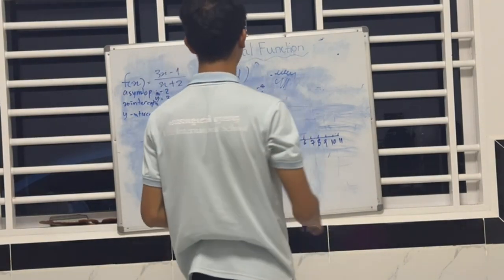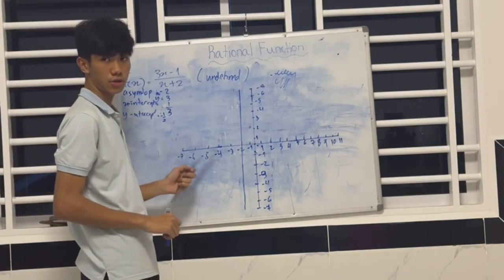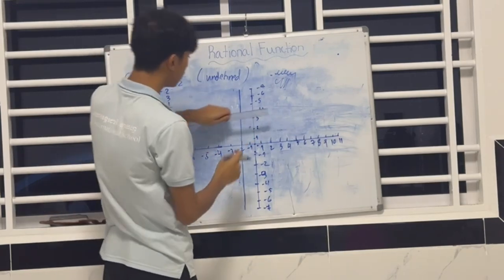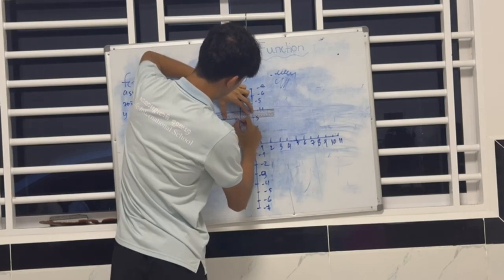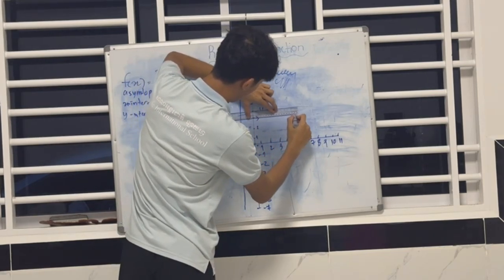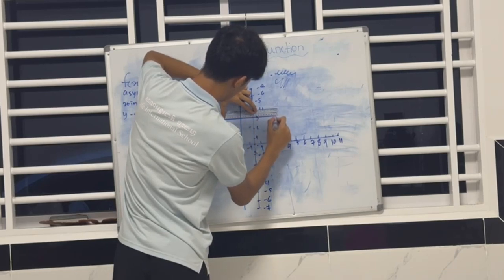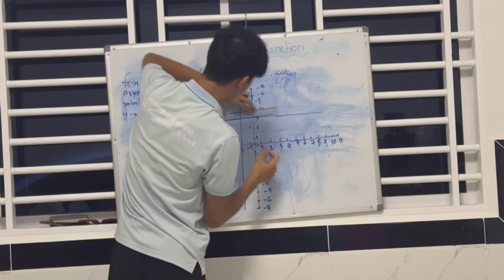Outside. And also, we're going to find the y also. Y is equal to 3, which means, as you can see, it's over here. We're going to draw like this. Right?